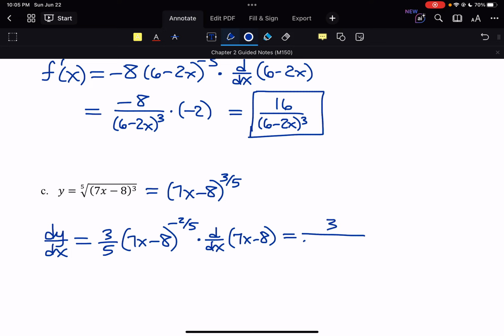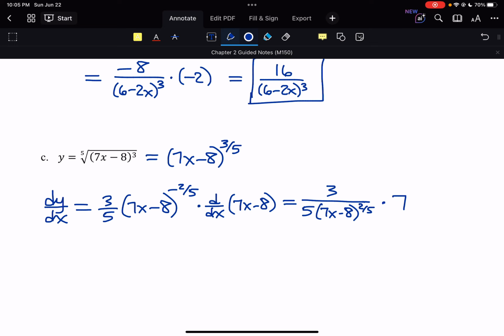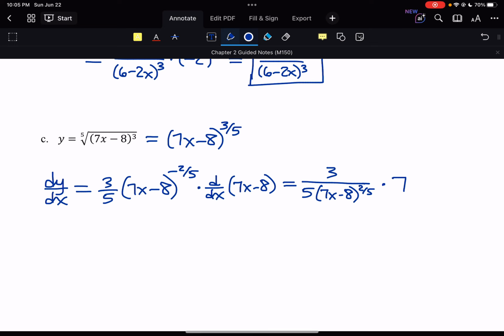So we're going to have 3 over 5 times (7x minus 8) to the negative 2/5 times the derivative here, which is 7. We'll combine those two. So that'll be 21 over 5.